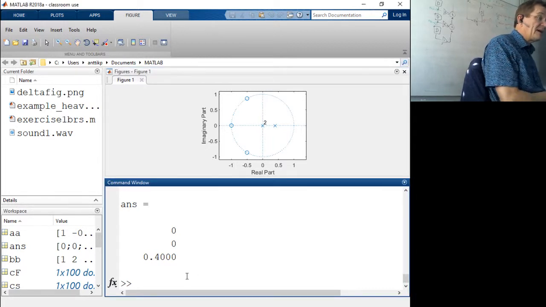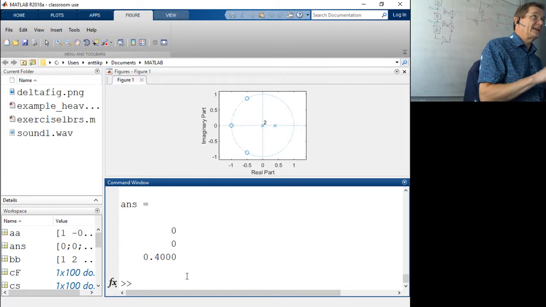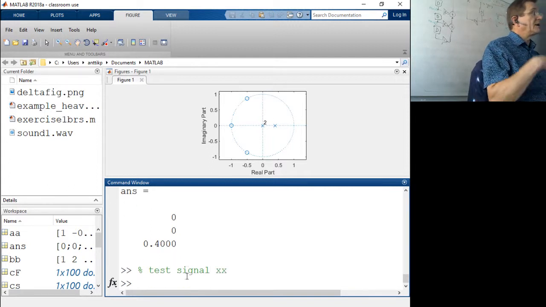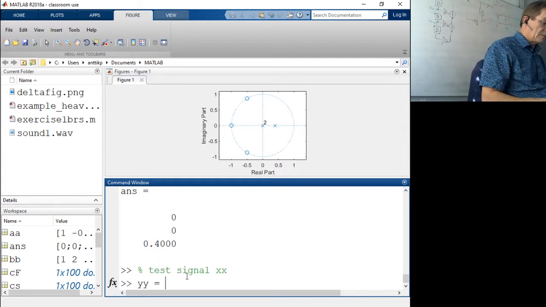So I have a test vector XX. All right, I have test signal XX. What is the output for the system which has these system coefficients? YY equals filter BB AA XX.